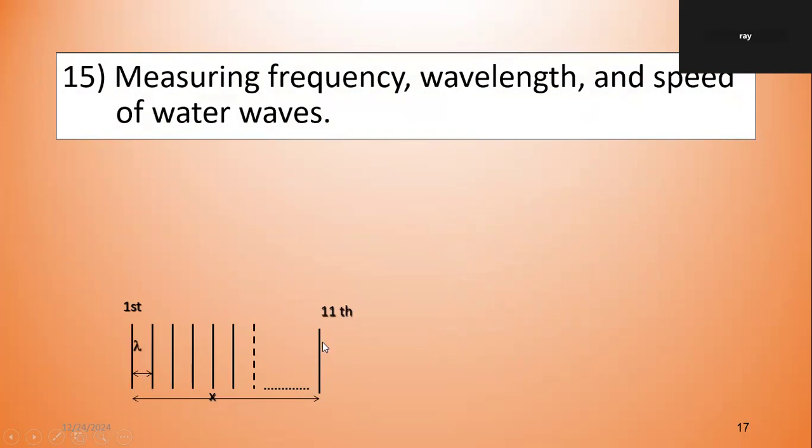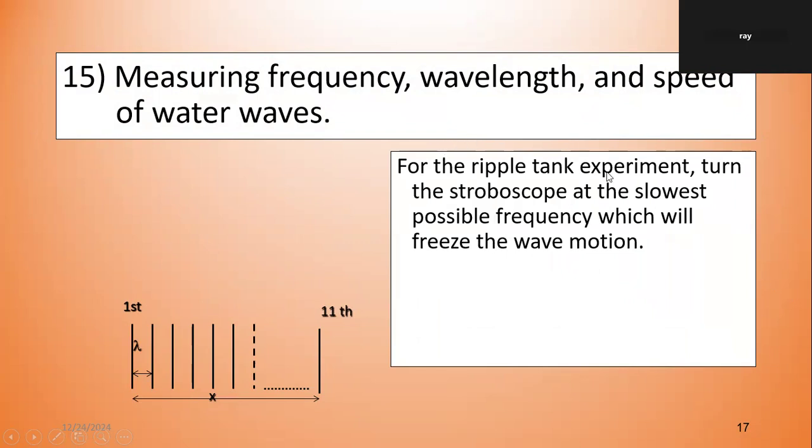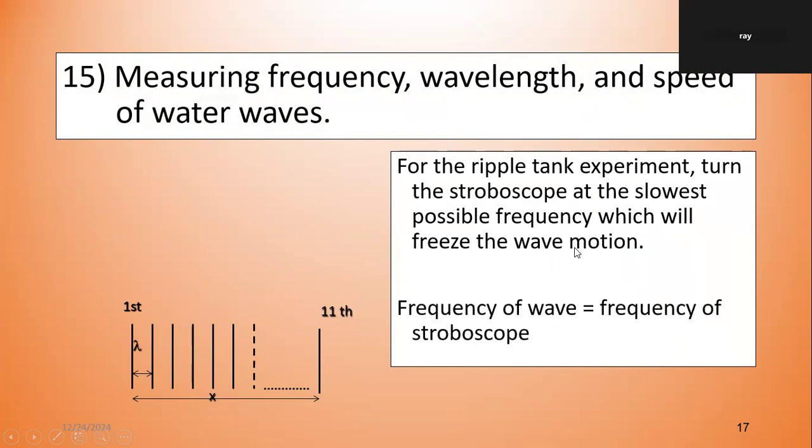This is the 11th wavefront. For the ripple tank experiment, turn the stroboscope to the lowest possible frequency, which will freeze the wavefront. Freeze means it doesn't move, as if it's stationary. So frequency of wave equals frequency of stroboscope.